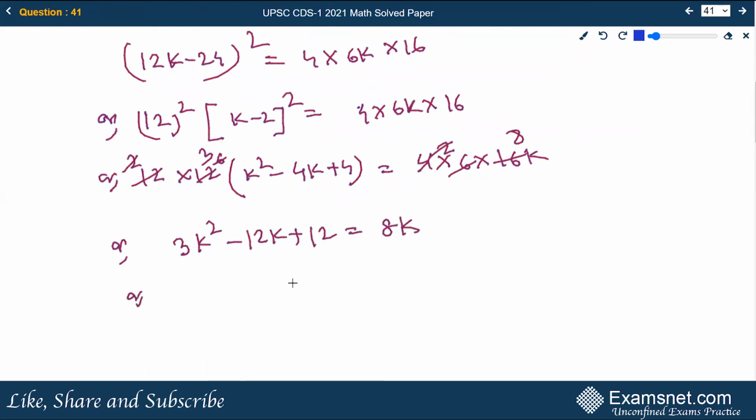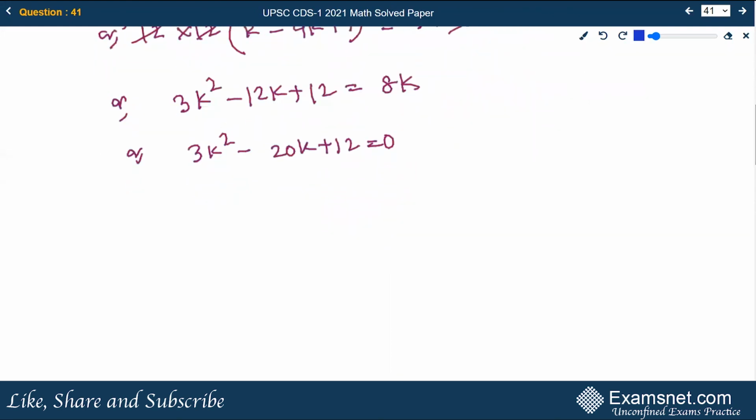Now, if I shift that 8k to the left side, it will become 3k square minus 20k plus 12 equals 0. Now we have to factorize it with the help of the middle term method. So 3k square, that is 12 threes are 36. So 6 and 6, 9, 4.